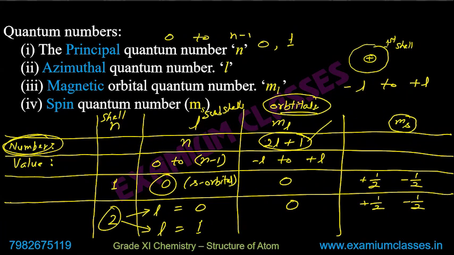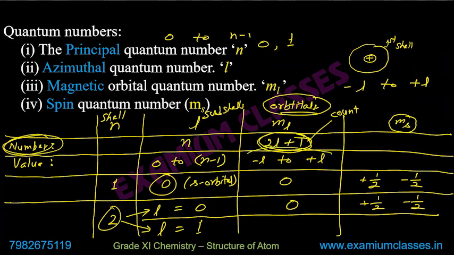Correct. Good. If value of L is 1, how many orbitals will it have? This will give you the count: 2L plus 1. Value of L is 1, so 2 plus 1, that is 3. Total 3. But what will be their assigned digits?